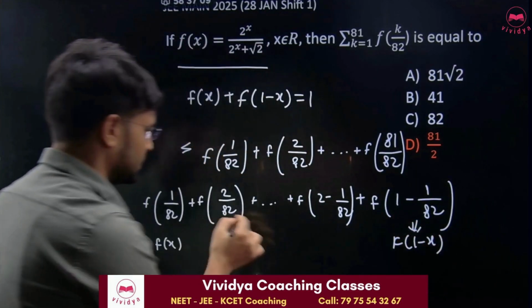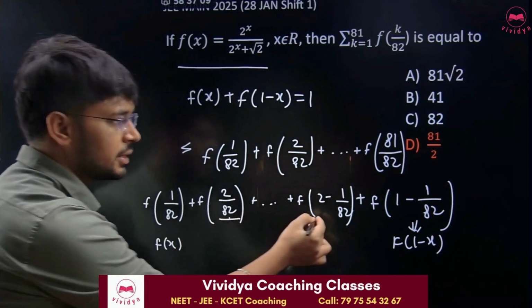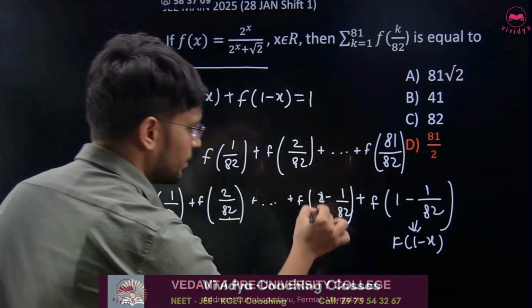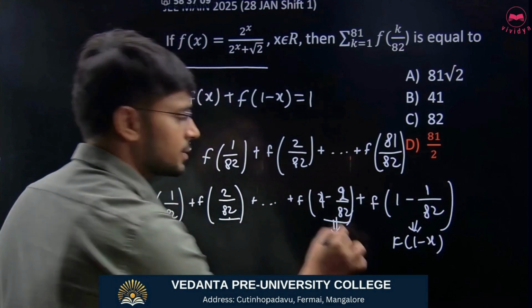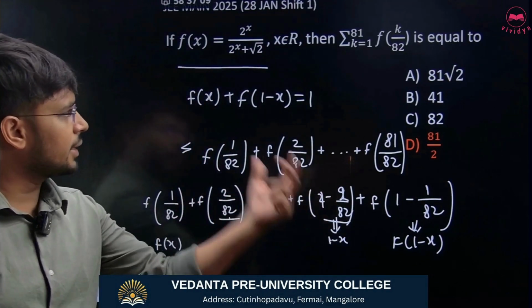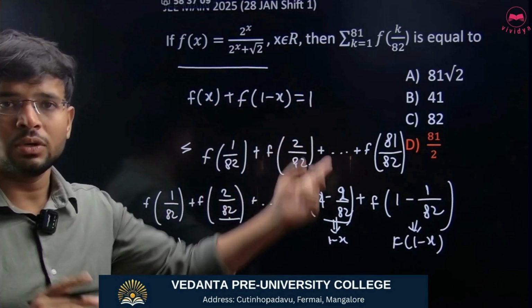Like this, if I replace this by x, this will be 1 minus x. So it is forming a pair, and the pair is equal to 1.